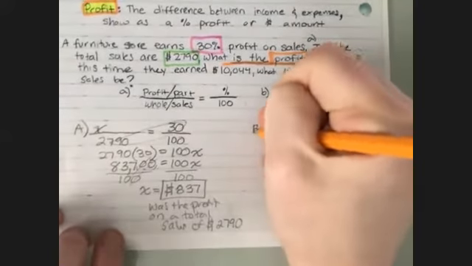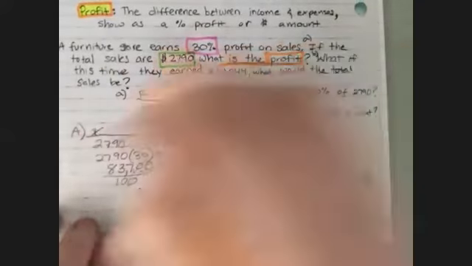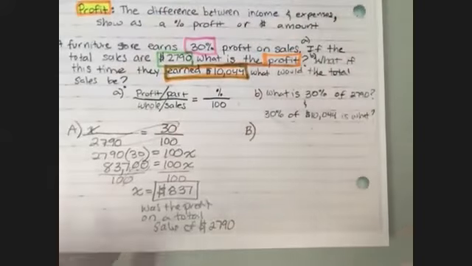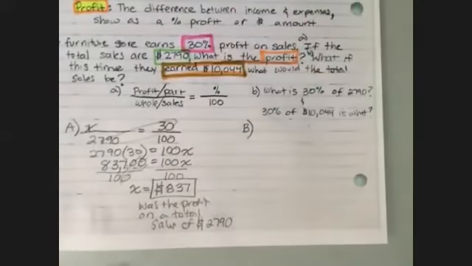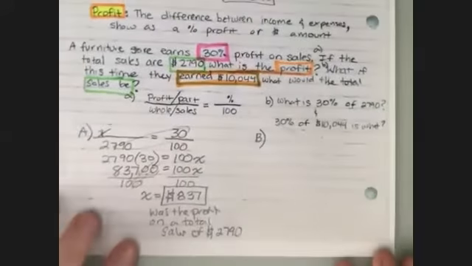Your second question here is, what if this time they earn $10,044? So the earned is your part. The percent you're using is still 30%. And this time you have to know what the sales would be. You don't earn more than the sales.